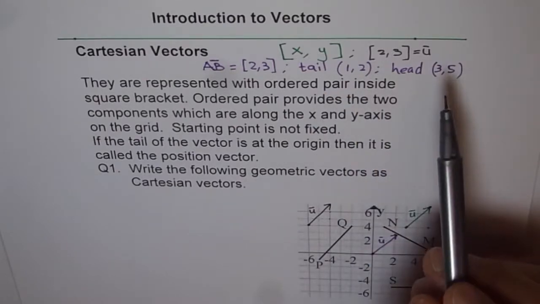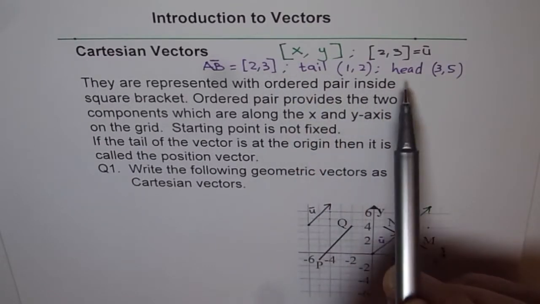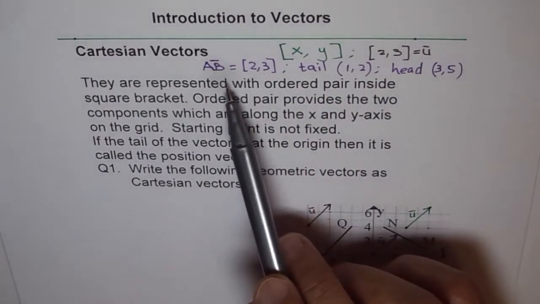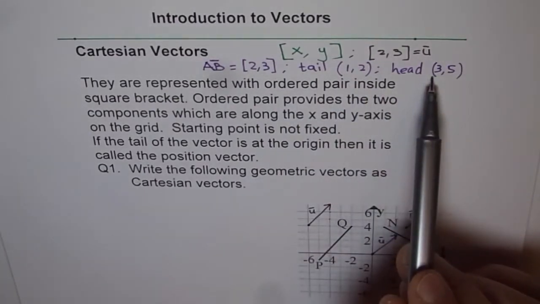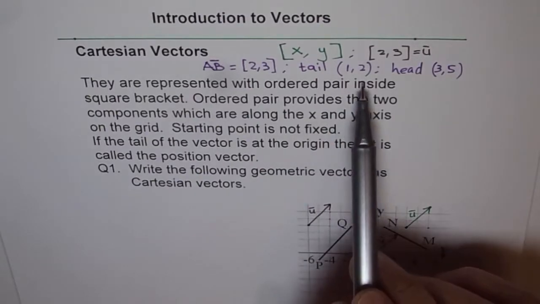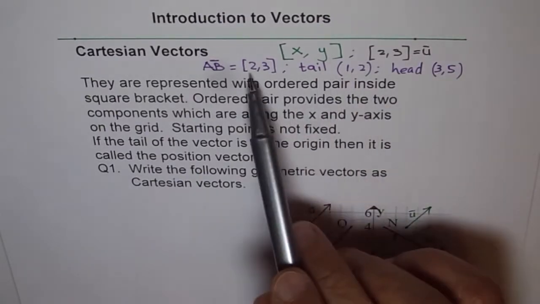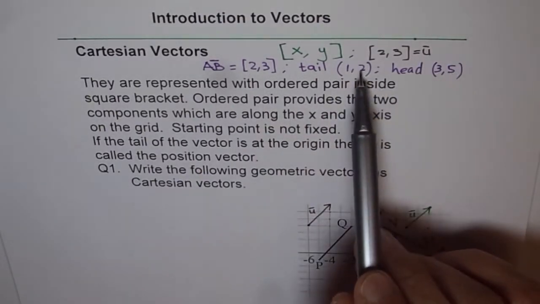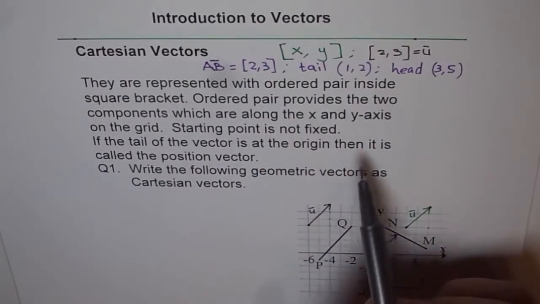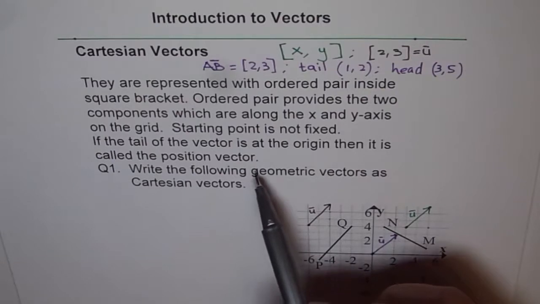That's how you can translate this into a vector which is geometrically represented. And if you are given a geometric vector, then you can translate it back to the Cartesian form. Do you see how? 3 minus 1 gives you 2 and 5 minus 2 gives you 3. That's how you can do it. So I have all these things here for you to remember.